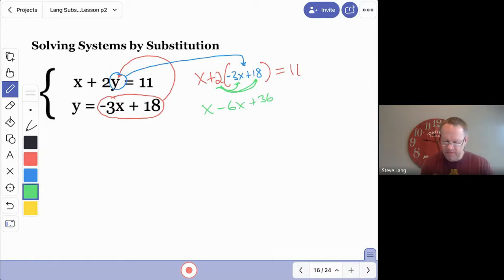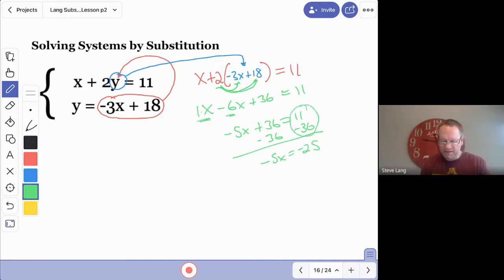Since they're both positive, it'll be plus 36. And now I can just continue solving. So remember, there's a 1 here. So it'll be 1 minus 6, it'll be -5x plus 36 equals 11. Subtract 36 from both sides. I have -5x equals -25.